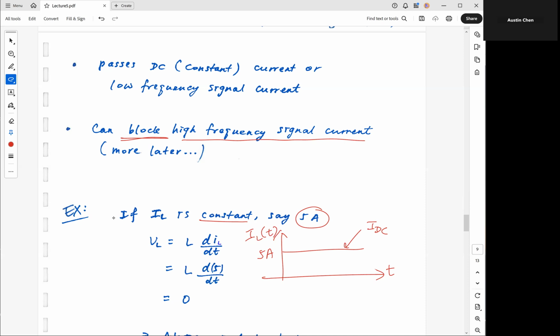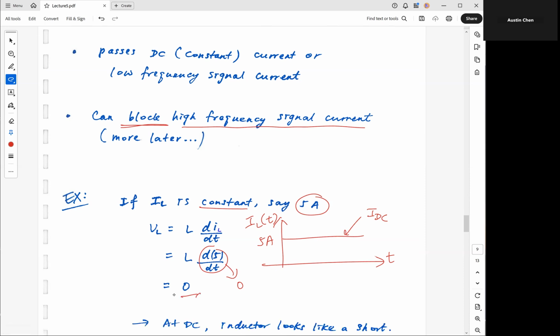Whatever the inductance is, I take that multiplied by the change in the current with respect to time, dIL over dt. When I take the derivative of this IL of t, I'm basically getting a zero, because derivative of a constant will give us zero. So this term here is going to give us zero. It's derivative of constant. So 0 times L is equal to 0.